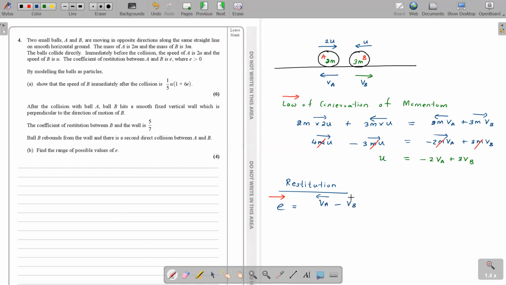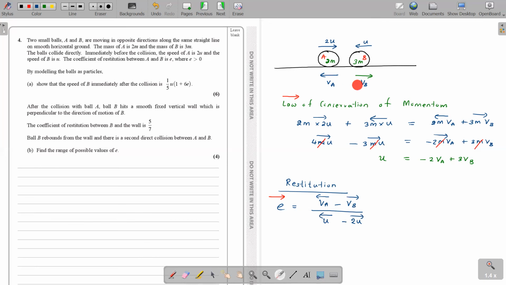VA is backward, VB is forward. When you divide, you should switch and take. Do you remember in restitution? If you take VA minus VB for the speed of separation, for the speed of approach, switch the order, so it starts with B now: u minus 2u.